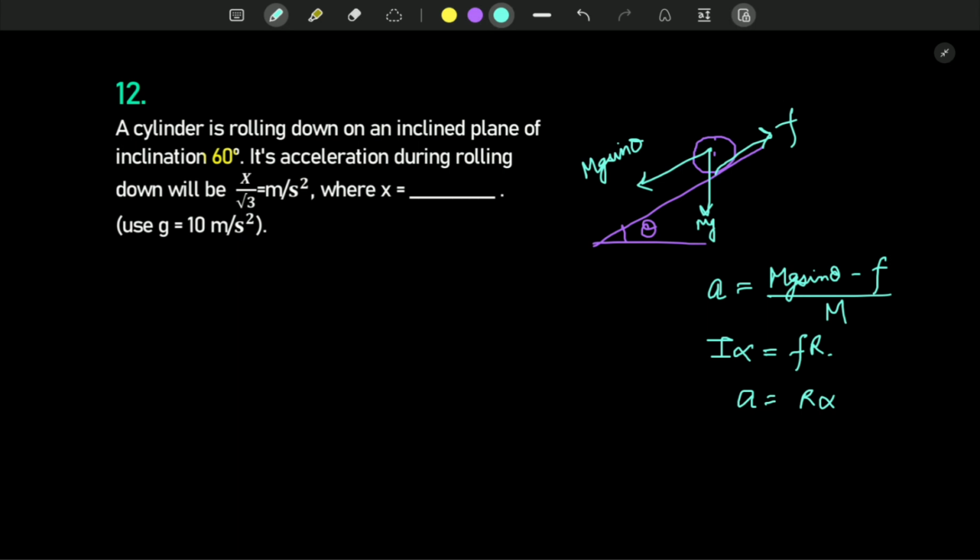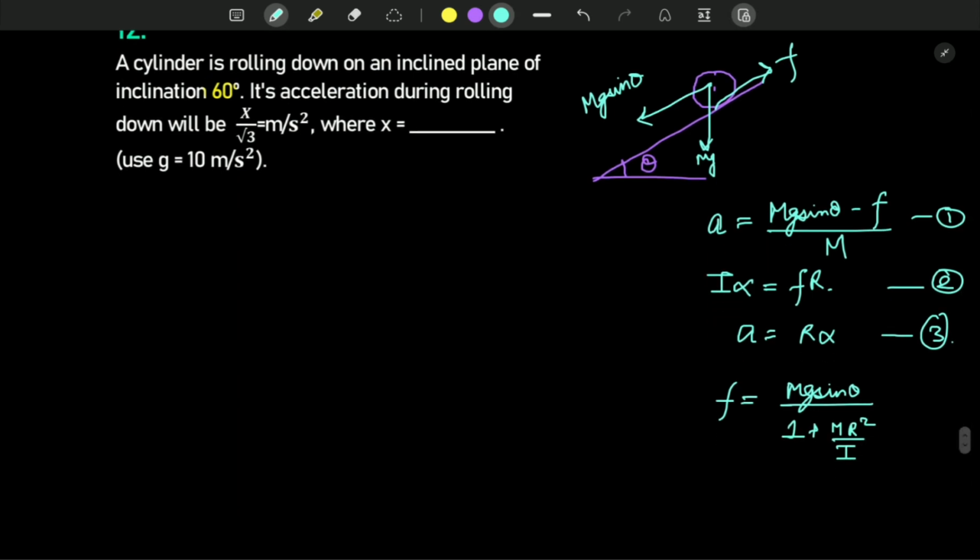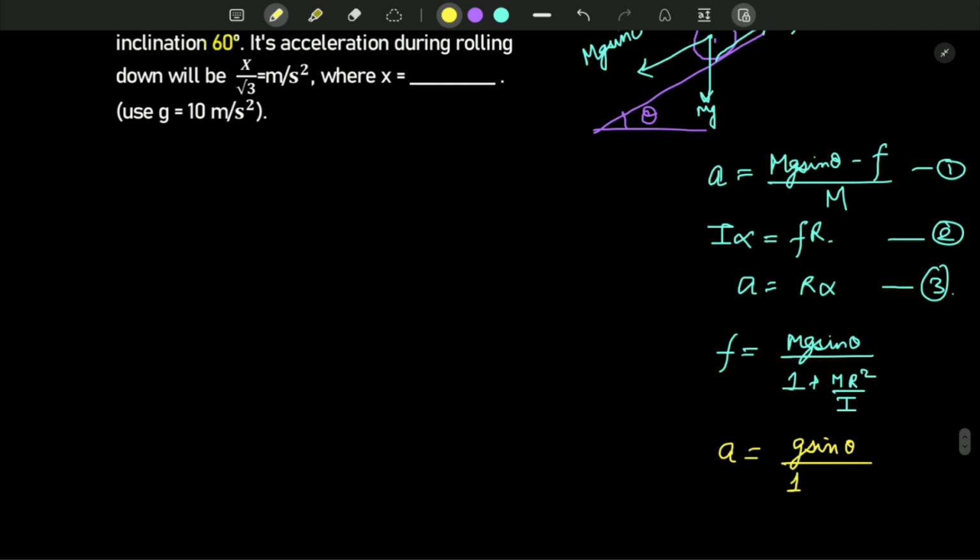From these three equations, number 1, number 2 and number 3, you will get that the frictional force F is equal to mg sin theta divided by 1 plus mr square by I. And further you will get that acceleration a equals g sin theta divided by 1 plus I by mr square.